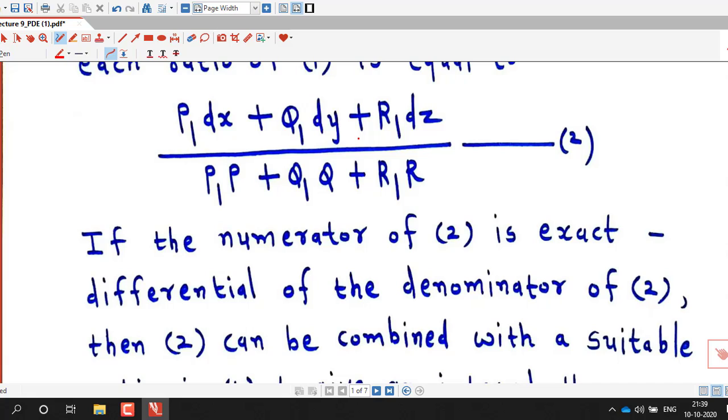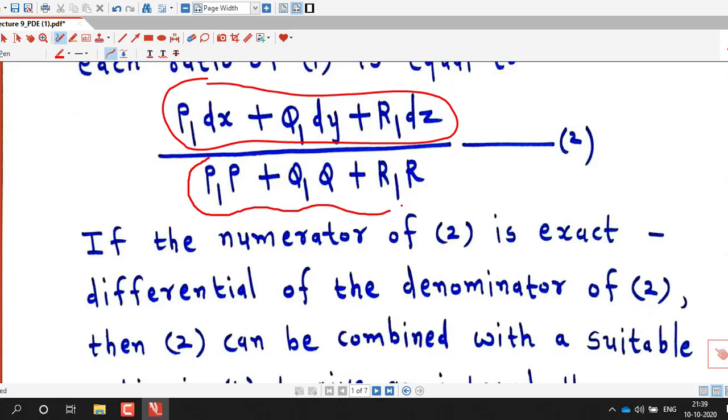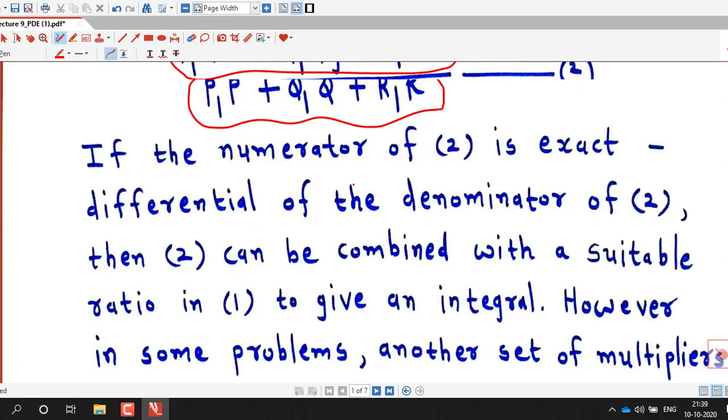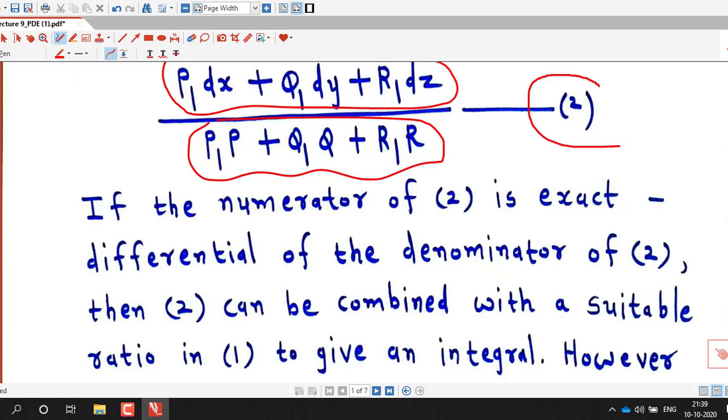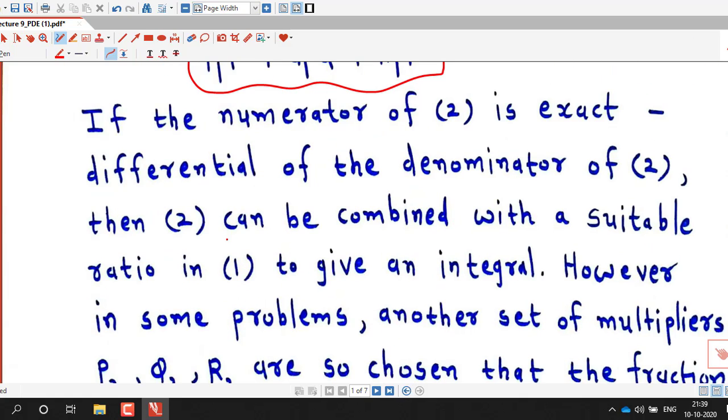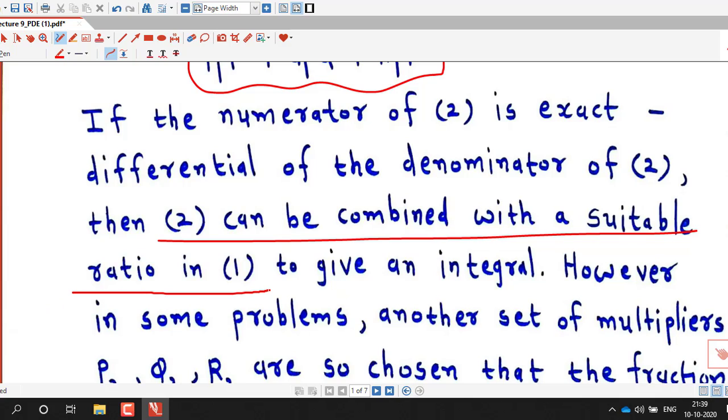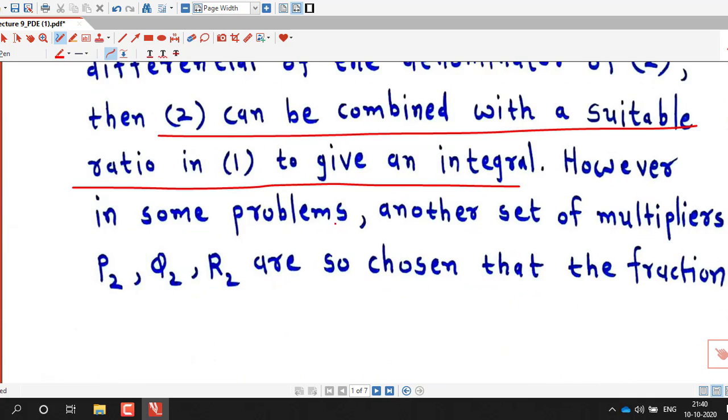Now if the numerator of 2, means this one, P1 dx plus Q1 dy plus R1 dz, if this one is exact differential of denominator, that is P1 into P plus Q1 into Q plus R1 into R, then this new generated fraction can be combined with a suitable fraction in Lagrange auxiliary equations to give an integral.